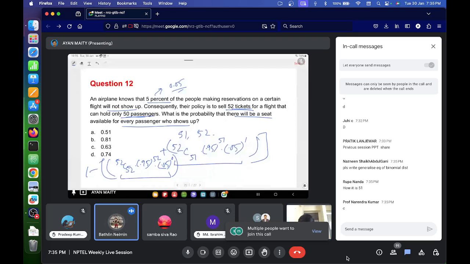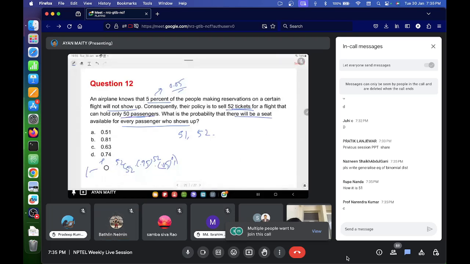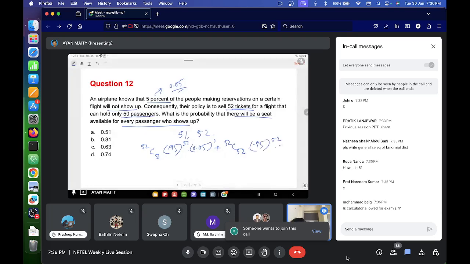Sir, perhaps can you please write clearly? One more time. So 52 C 51 into 0.95 to the power 51 into 0.05 to the power 1, plus 52 C 52 into 0.95 to the power 52 into 0.05 to the power 0.